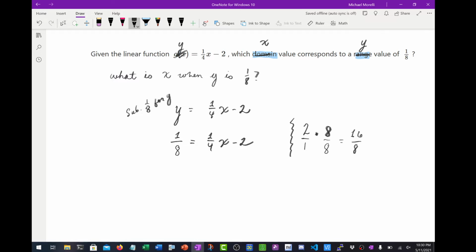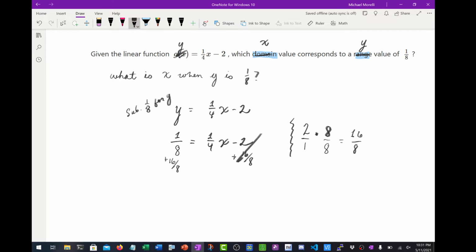So instead of literally adding 2 to both sides, let's add the equivalent fraction, 16/8 to both sides. Now we know that is 2, so those cancel there.